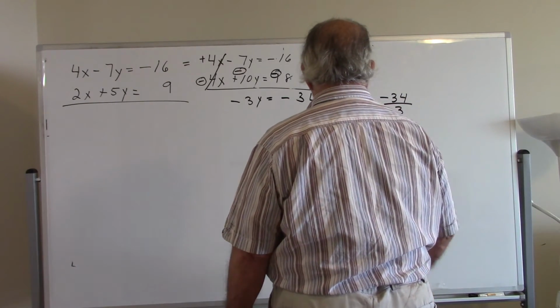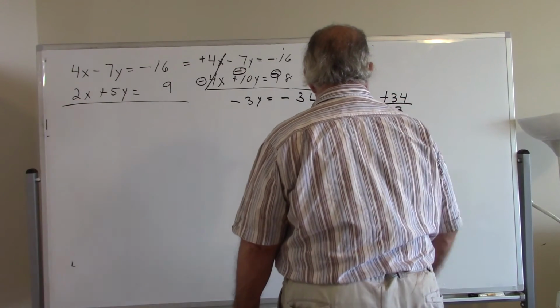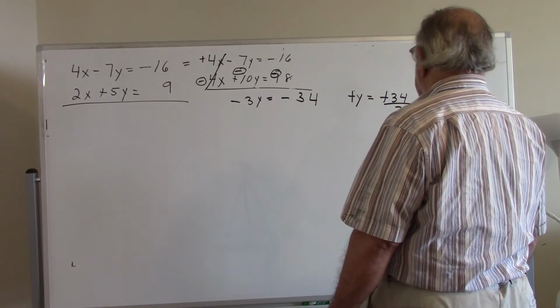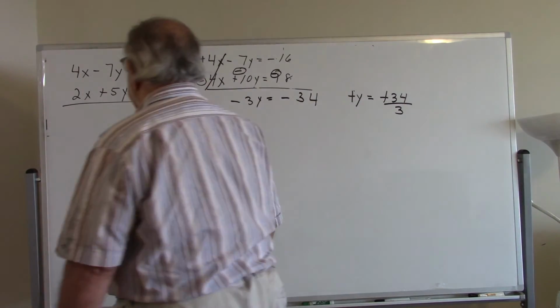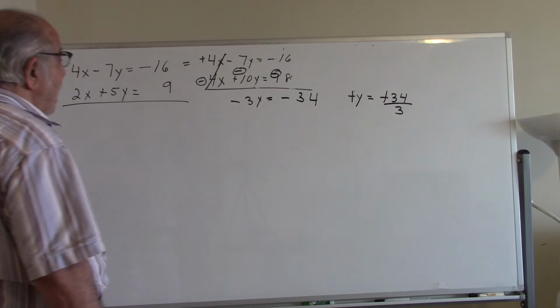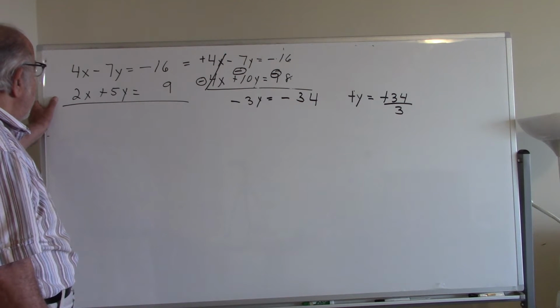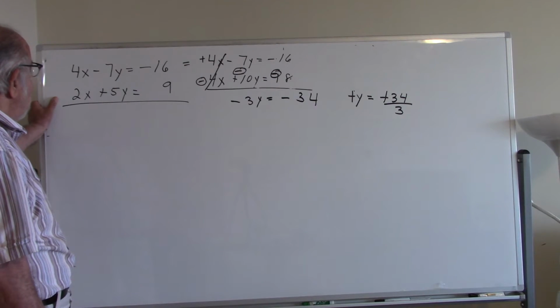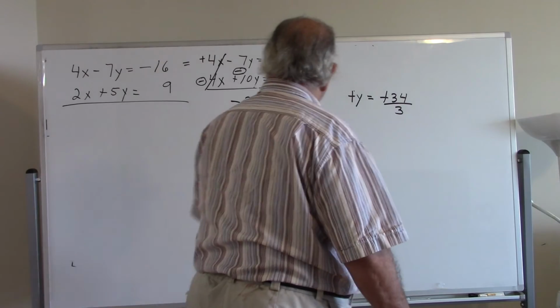Change this, and change that, and there's our answer for y. And it's a little complicated to do x. I'll allow you to do that at home. And this is the y.